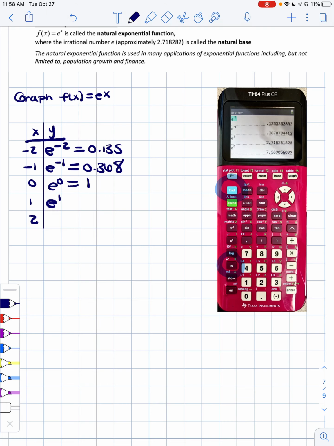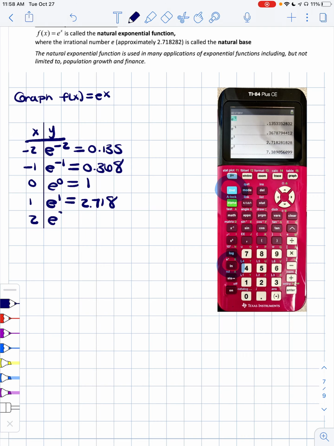e to the power of 1, I'm hitting second, ln, putting in my exponent of 1, and then hitting enter. And that comes out to about 2.718, which is of course just our e number.